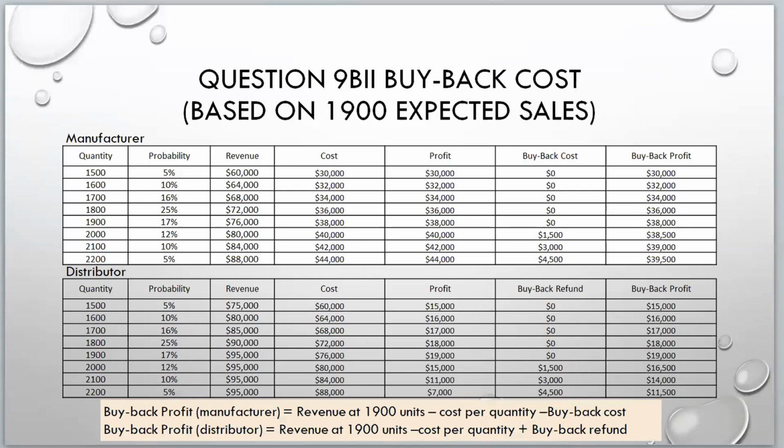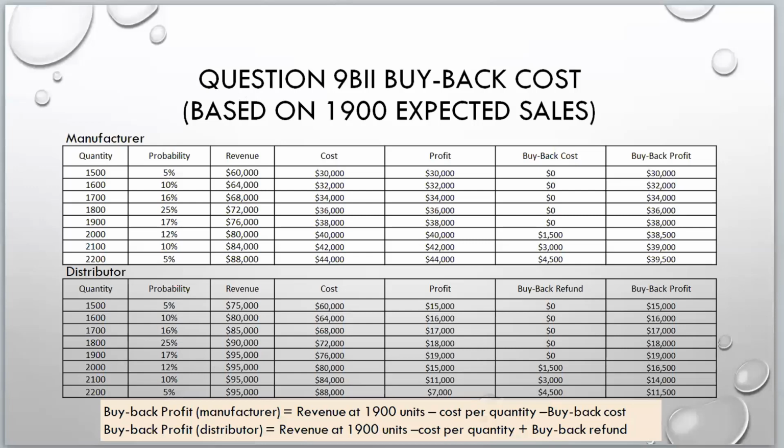If you notice here, the profit margins go down for the manufacturer, and the profits for the distributor go up the same amount. So this is where the manufacturer shares some of their profit with the distributor in an attempt to change the quote-unquote sweet spot.